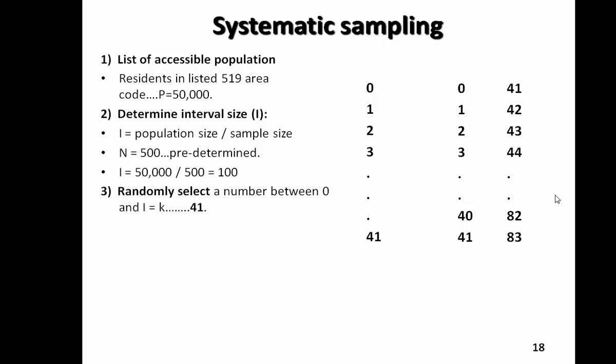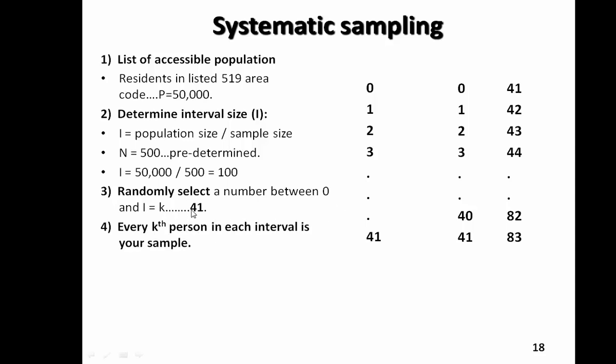The next step is to randomly select a number between 0 and the interval size, which is I. That randomly selected number between 0 and I, which is 100, is going to equal a new number called K. Randomly, we selected the number 41.